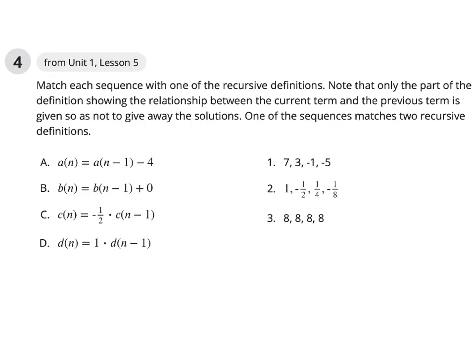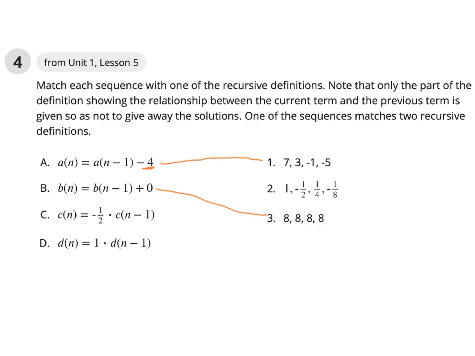Okay, let's go back to our sequences. All right, -4 is the previous term minus 4. So what is the previous term minus 4? 7 minus 4 is 3 minus 1. All right, so A goes with 1. B of n is B of the previous term plus 0. So that could go with 3. 8 plus 0 plus 0 plus 0 plus 0.